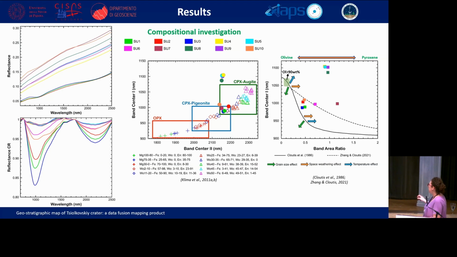What we can see is that our three mare units cluster in proximity of a trend, and the red unit, associated with the intermediate flooding event characterized by a slight enrichment in titanium, presents a shift toward the olivine-dominated end member, suggesting a slight enrichment, also in this case, of olivine. This is even more true for the coral unit, the spectral unit 10.